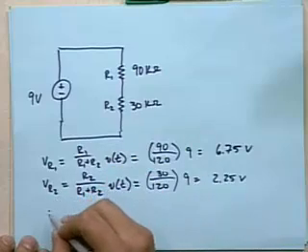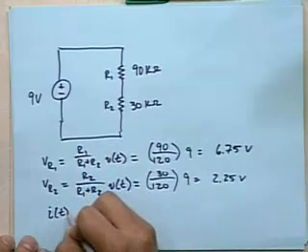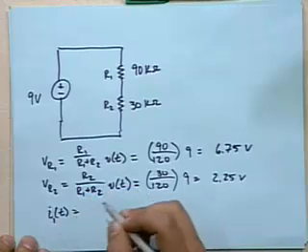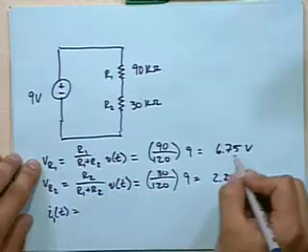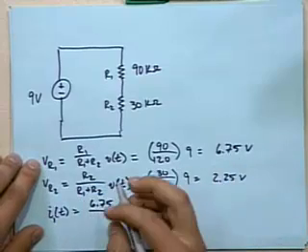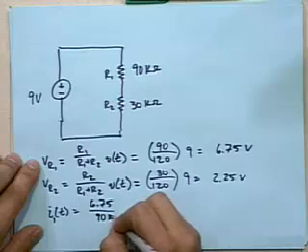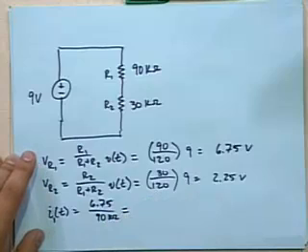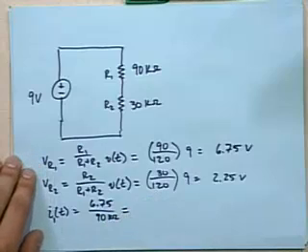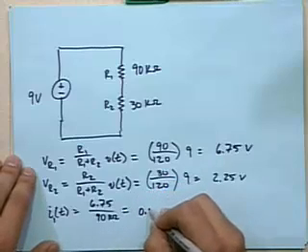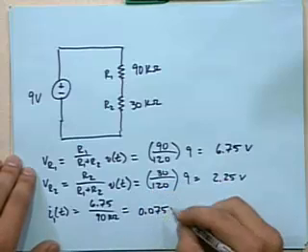The current running through resistor 1, we'll call it I1, equals the voltage across it, VR1, 6.75, divided by the resistance of the 90 kiloohms. 6.75 divided by 90 is a very small number. I guess that's 0.075 milliamps.